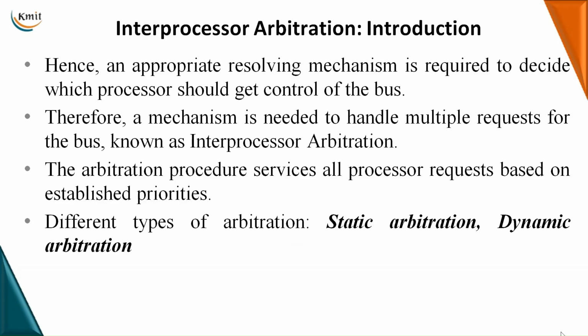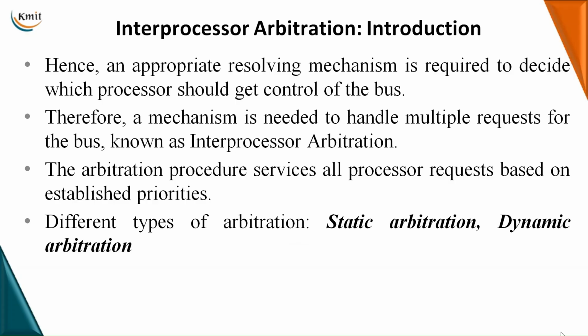Therefore, a mechanism is needed to handle multiple requests for the bus. When multiple processors request the use of the bus simultaneously, the process which decides to which processor the bus request has to be granted is known as interprocessor arbitration. The arbitration procedure services all the processor requests based on the established priorities of the processors.